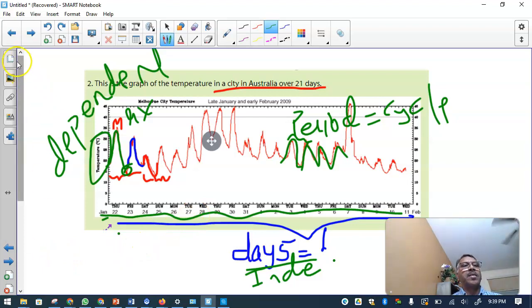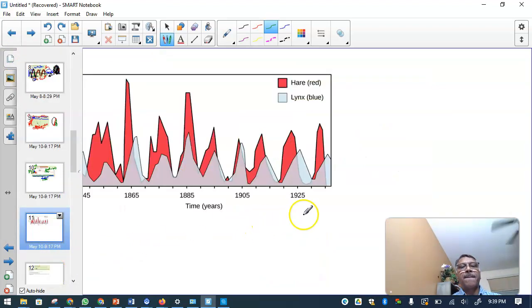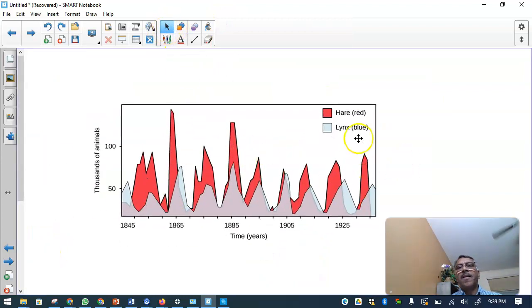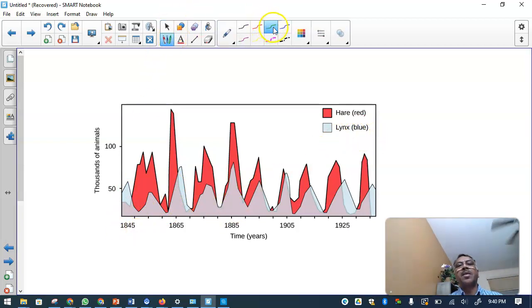Let's go to the next one. If you see, this is animal hare and lynx data given from 1845 and so on. You can see thousands of animals. The red one is the hare, and the blue one that you see here is the lynx. What you're supposed to do is identify the dependent variable here.